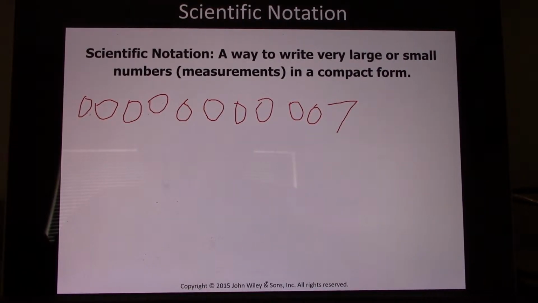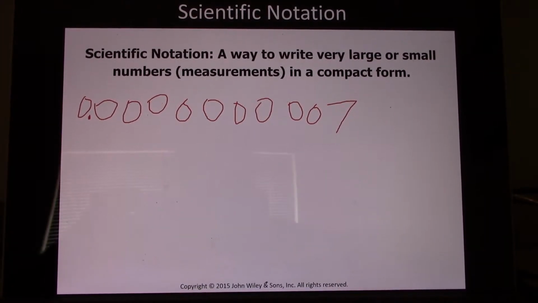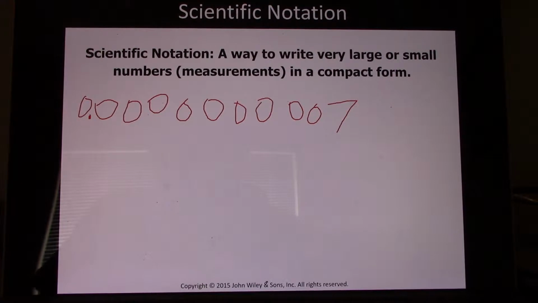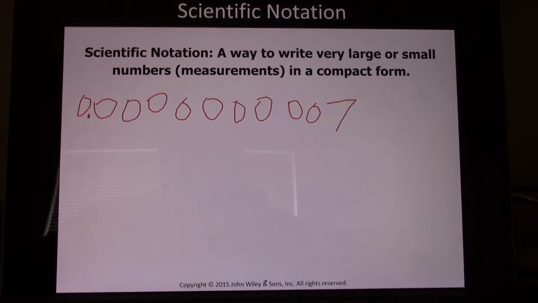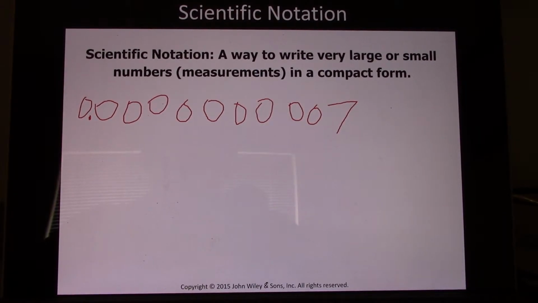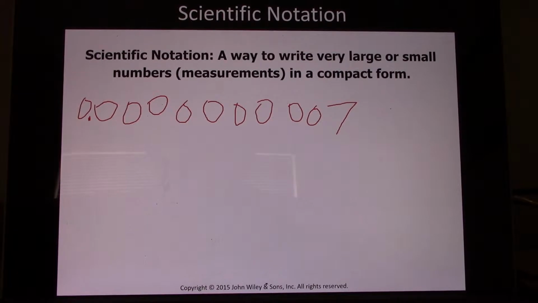Writing this number 5 times, it'd be easy to make a mistake. Let's put the dot in thicker there so you can see it. If we wrote this number, you're at a risk of actually putting in an extra 0 or forgetting a 0. And if you did put in an extra 0 or forget a 0, you would change the value of the number 10 times.